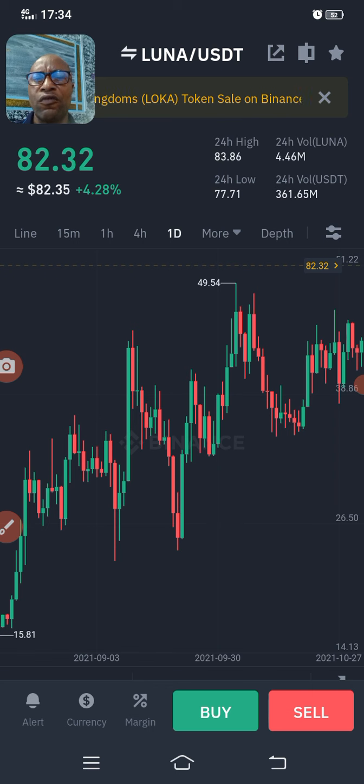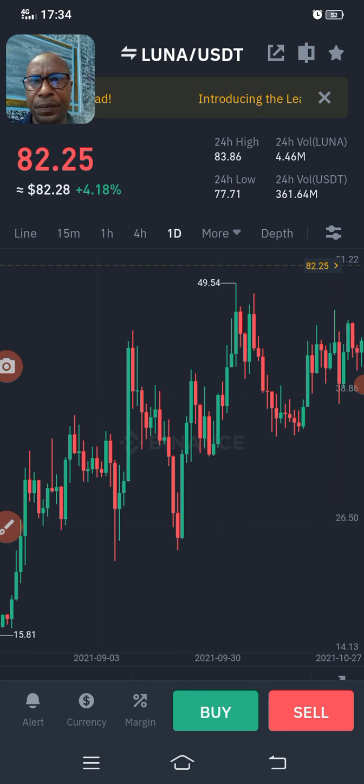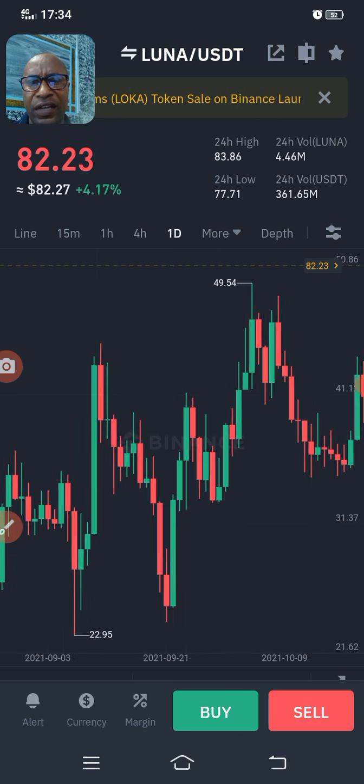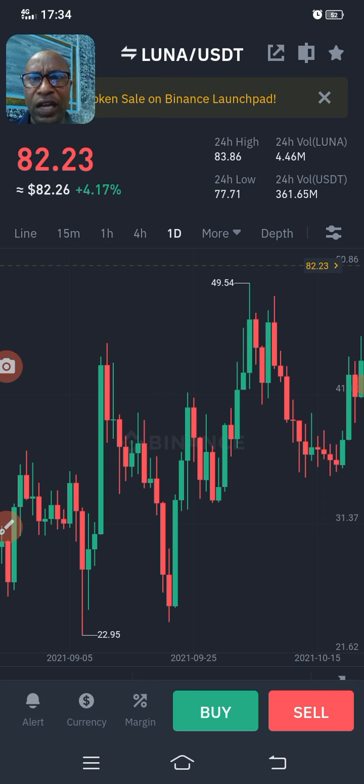Now, one of the ways you will identify this is through what I call the buyer's order block, where they place their order. How can you validate that this is a buyer's order block? Follow me as I go through the chart. This is LUNA USDT on a daily chart.